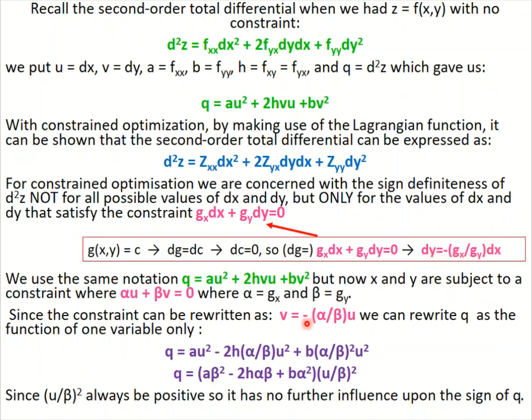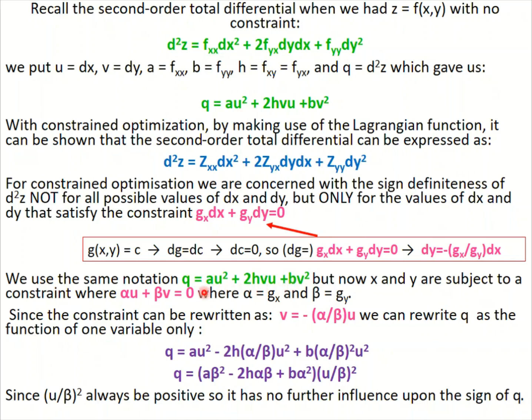We've got v equal to dy, u equal to dx, alpha is now this partial gx, and beta this partial gy. And now we can rewrite q.